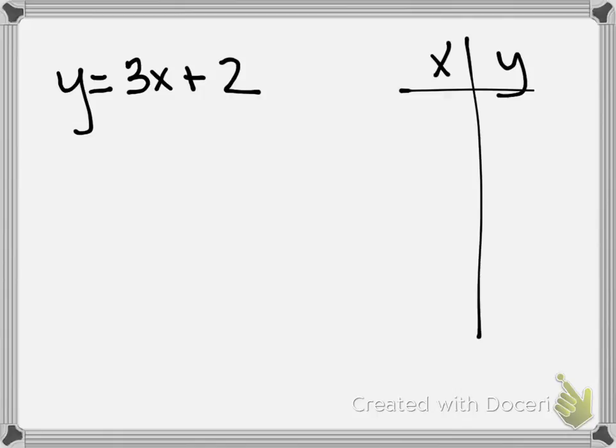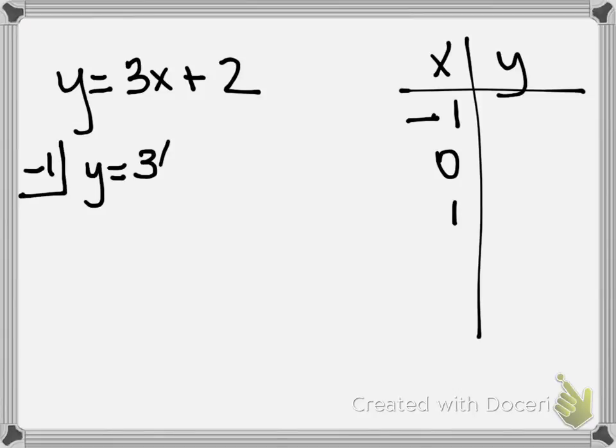So remember, way back when we started linear equations, if you had an equation, and I just made this up, it's not found anywhere, I don't think, and you wanted to graph that before you knew anything about slope, you would plot points. So if x equaled -1, you'd plug that in. So y would equal 3 times -1 plus 2, which would be -3 plus 2, which is -1.